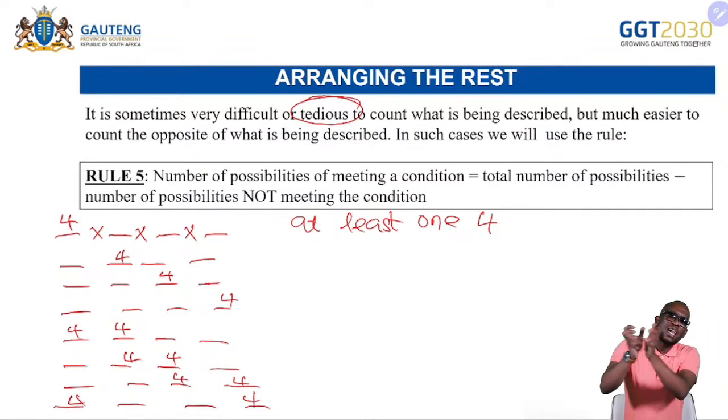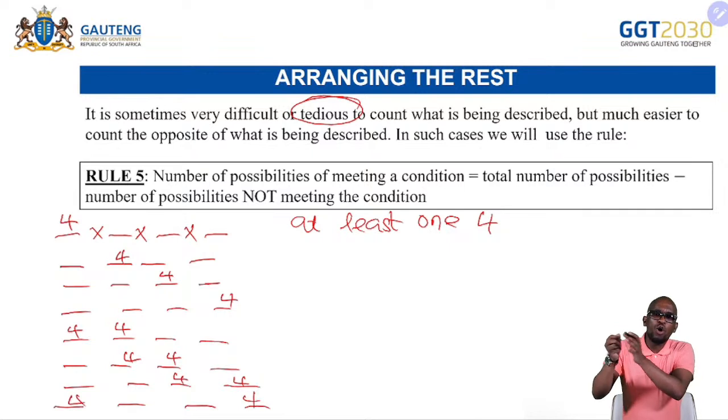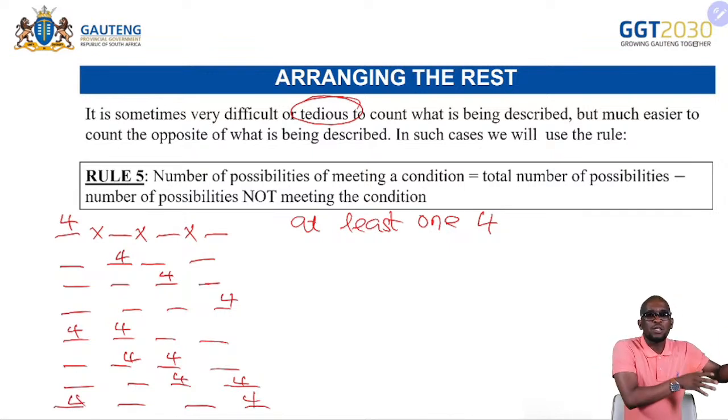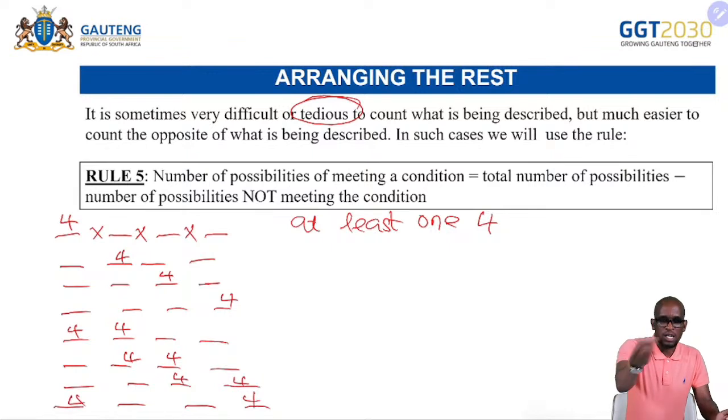Then we take away the arrangement that contains no 4. If you take away all the codes that do not contain a 4 from the total codes, you will know that the remaining codes are the codes that contain at least 1 4.